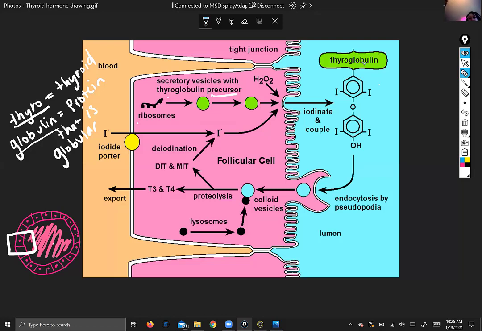Then we've got our amino acid derived hormone, because if you go back to your hormone classes, thyroid hormone is an amino acid derived hormone, tyrosine specifically. You have to add iodines to it, which you can see here, and then you need to glue the thyroglobulin onto it as well.